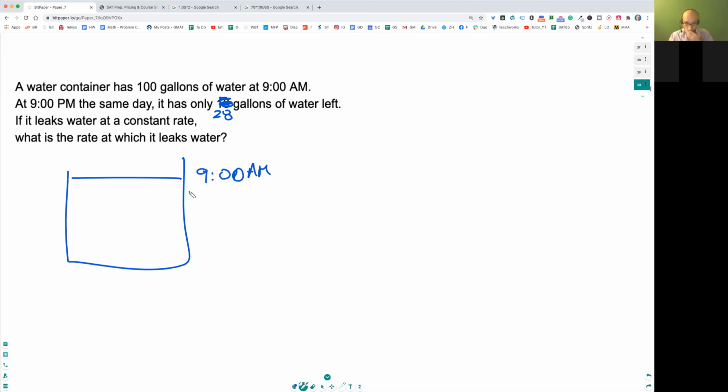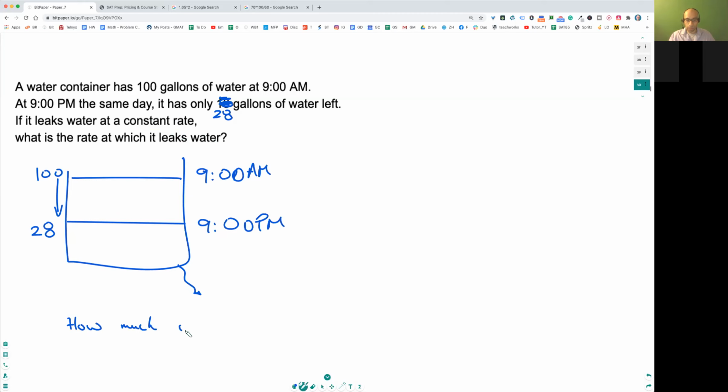So at 9 a.m. you've got this, and now it's leaking water at a particular rate, you don't know what it is. And now at 9 p.m., guys, this level of water has dropped down. Originally it was 100. Now it's gone to 28. So what you've got to do is, how much water has leaked?